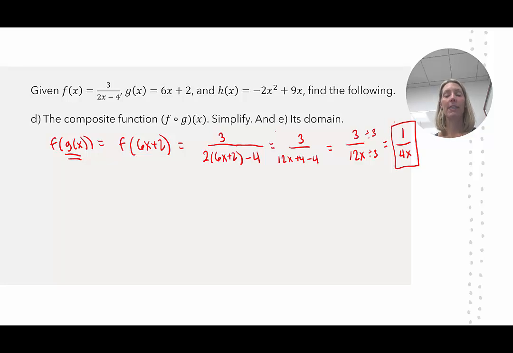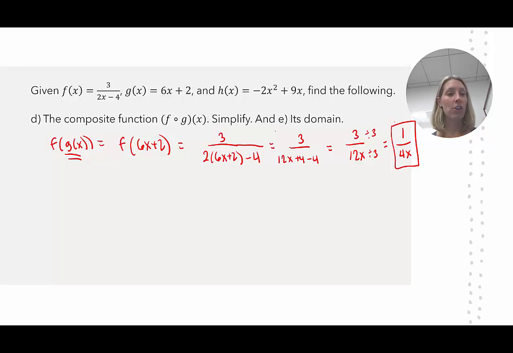It's also asking for the domain. So we didn't ask for the domain in any prior example because we were looking at linear functions, and quadratic functions are both under the umbrella of polynomial functions, which have no restrictions on the domain.